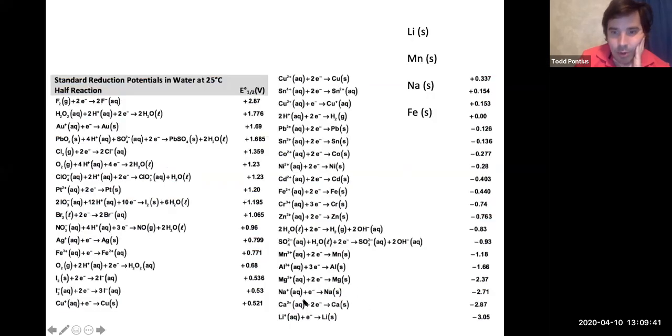So let's get that poll rolling. We have our answers in the top right-hand corner. And think about the relationship between reduction and oxidation. Here are the letters.